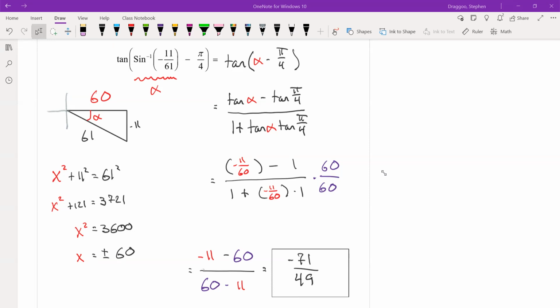Yeah, sure, I can try that again. First off, all 3 inverse trig functions work in the 1st quadrant as long as we have a positive number. But if it's a negative number, we have to go to another quadrant. Sine inverse and tangent inverse both go to the 4th quadrant, whereas cosine inverse goes to the 2nd quadrant if it's negative.